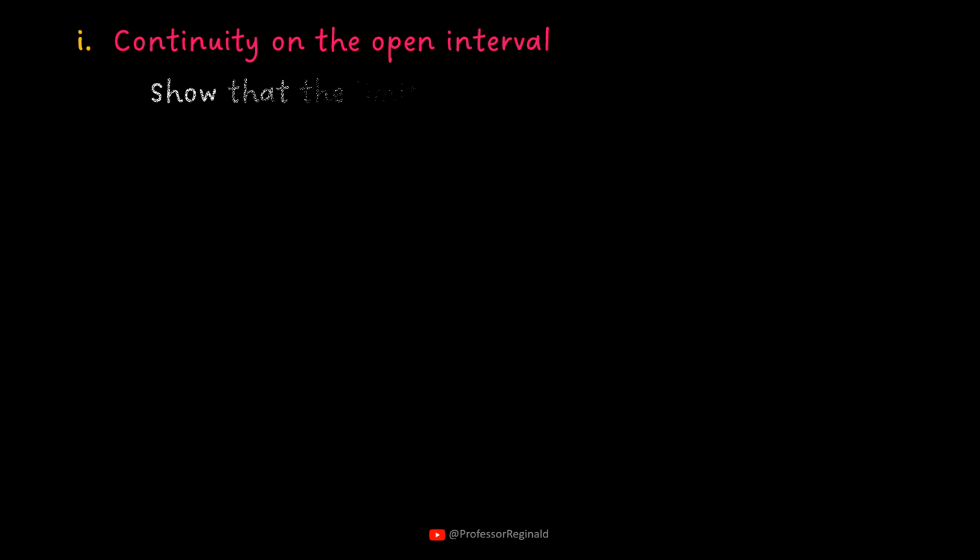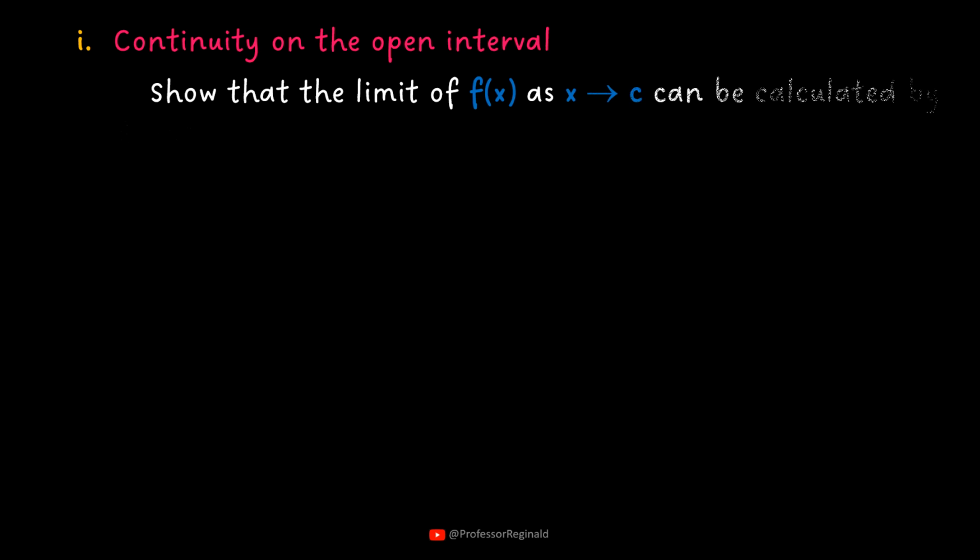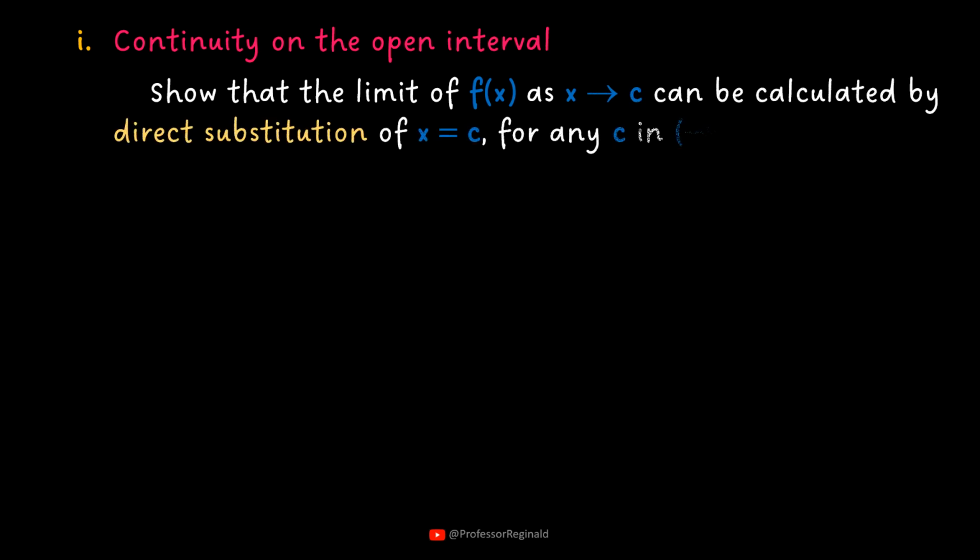First, continuity on the open interval -4, 4. Show that the limit of f of x, as x approaches c, can be calculated by direct substitution of x equals c, for any c in -4, 4.